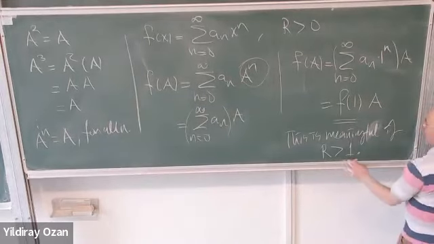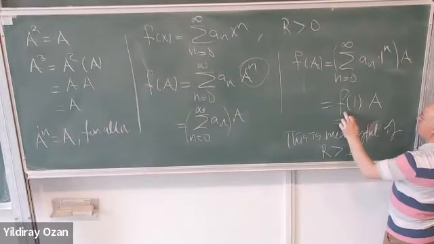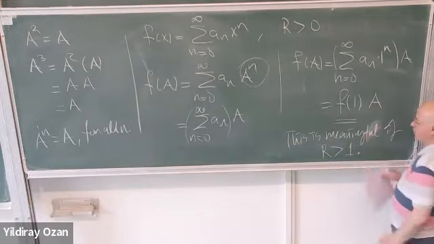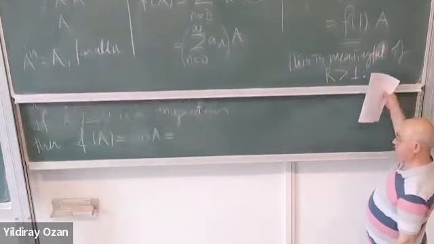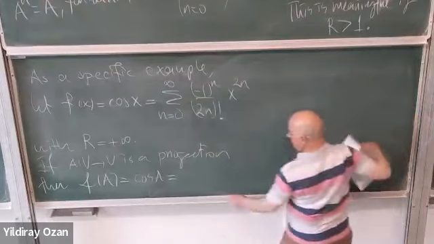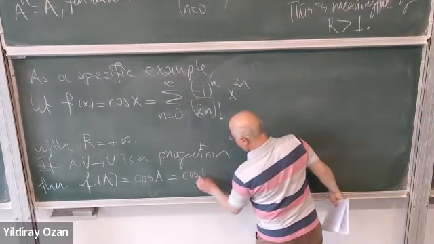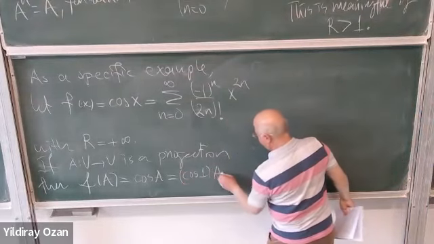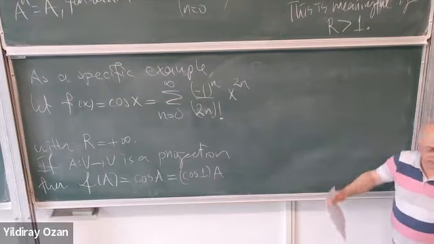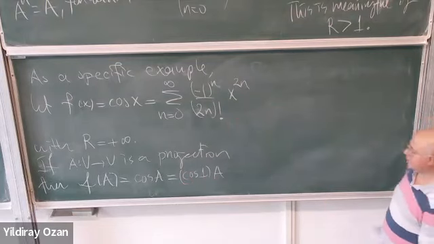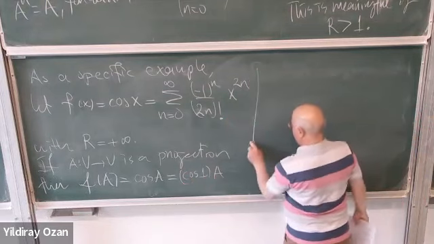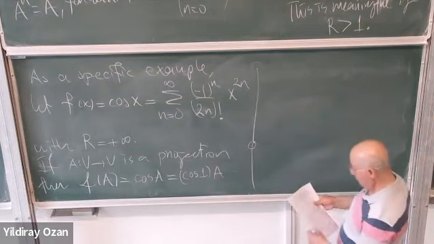Of course, since the radius is larger than 1, it will be just cosine 1 times A. So it is basically just a special model.